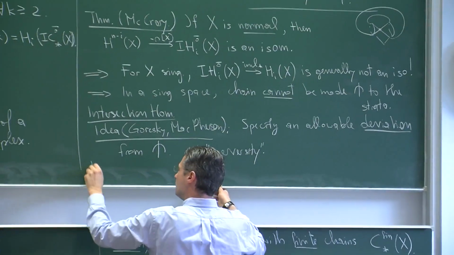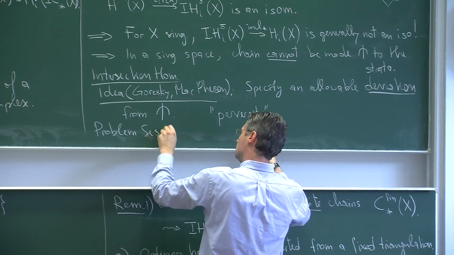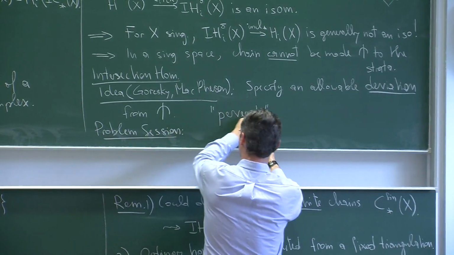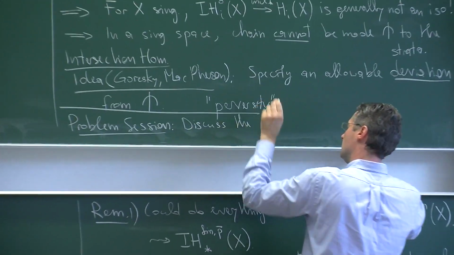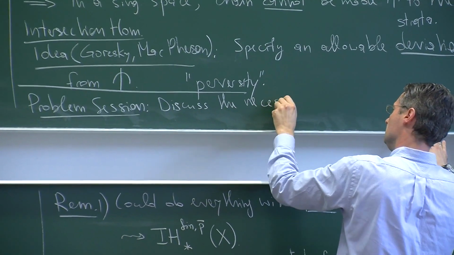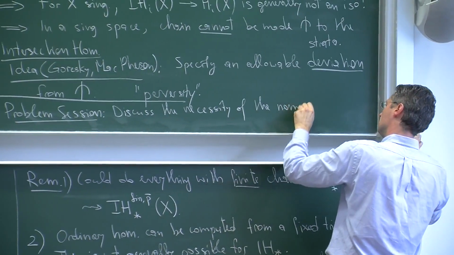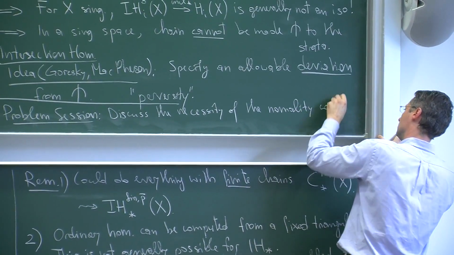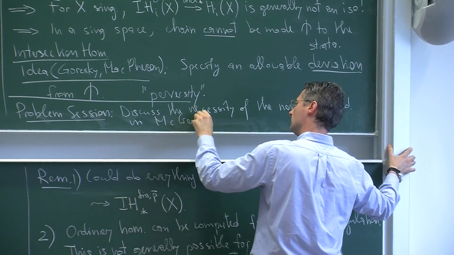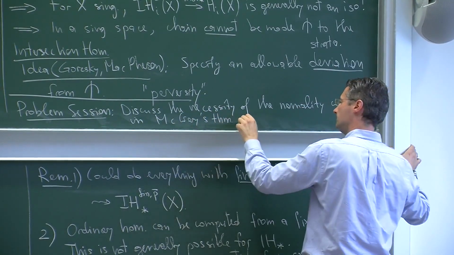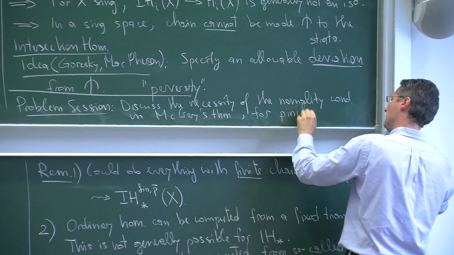Here, perhaps also for the problem session, that's a good exercise. Discuss the necessity of the normality condition in McCrory's theorem. And perhaps do it for the pinched torus.